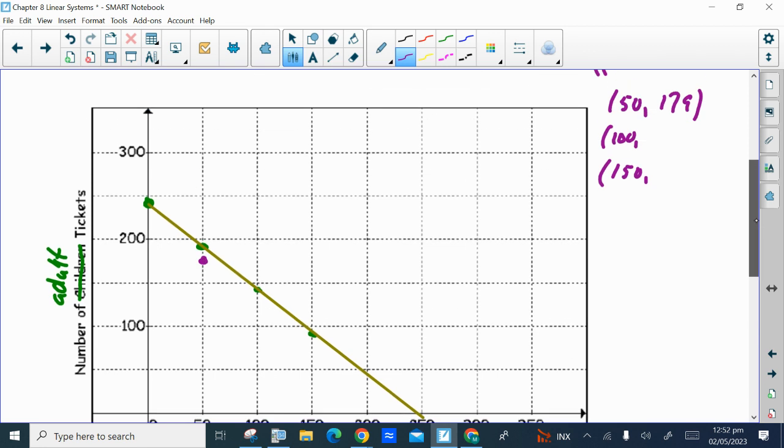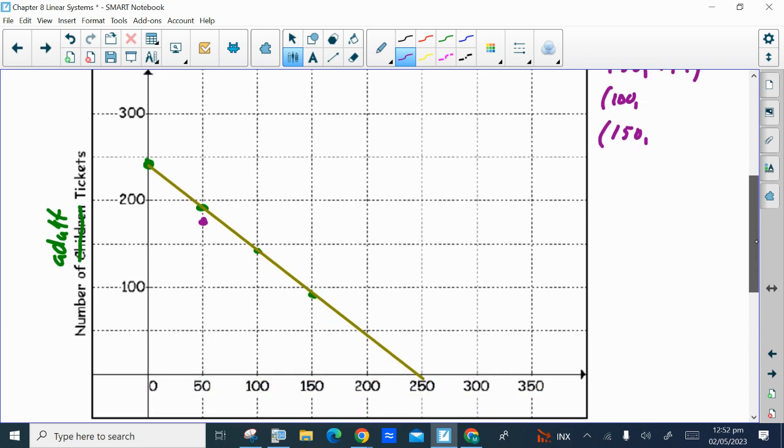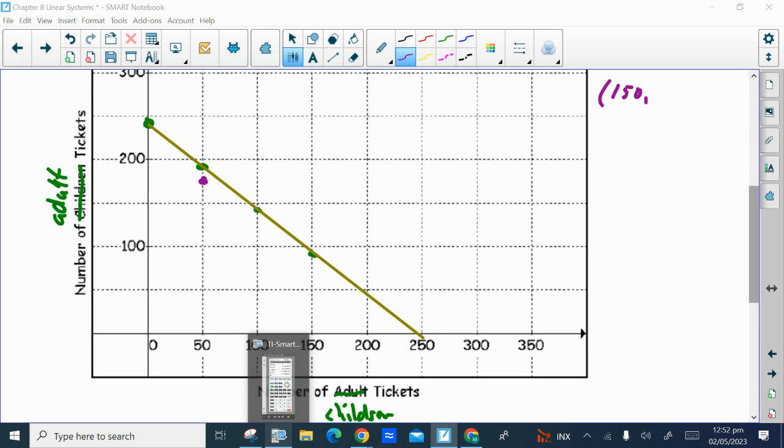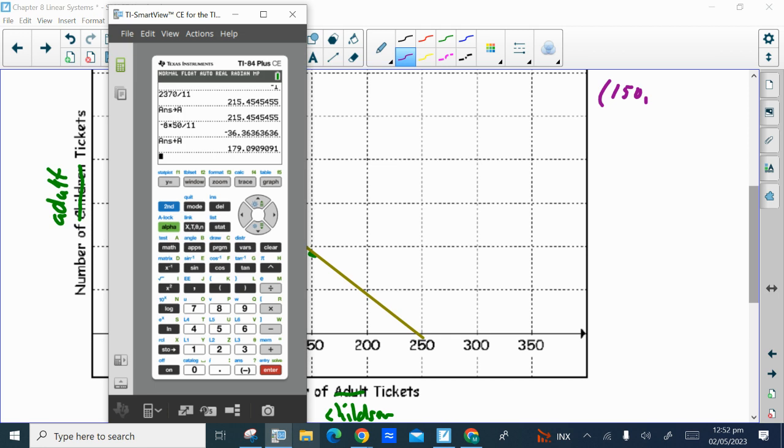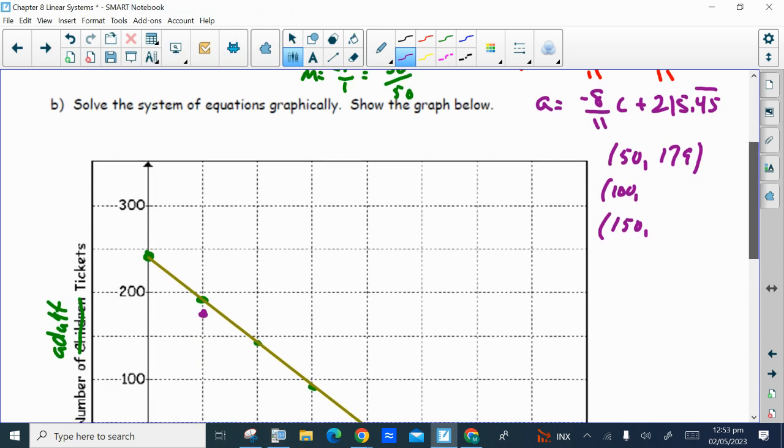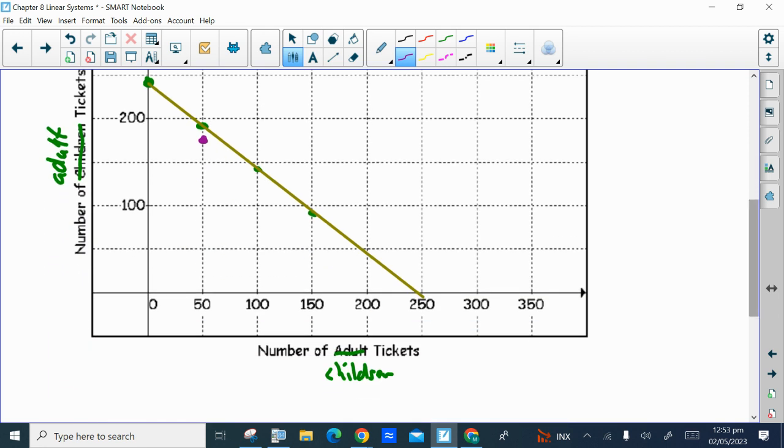The next x value I have is 100. So back to the calculator we go. It'll be negative 8 times 100 divided by 11, plus the y-intercept gives us 143 approximately. So 100, 143 is our next point.